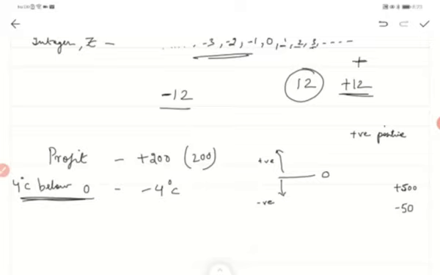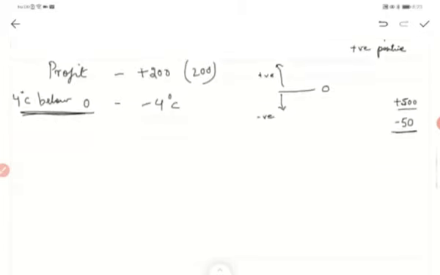So profit will be shown in plus, loss will be in minus. Something which is a deficit or loss, you will represent in negative. Okay, so let's move on.